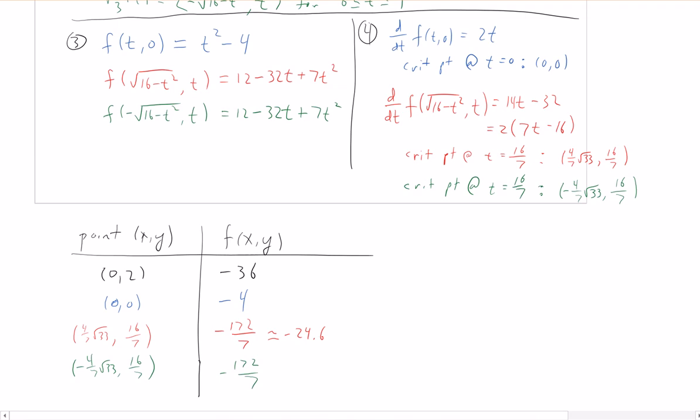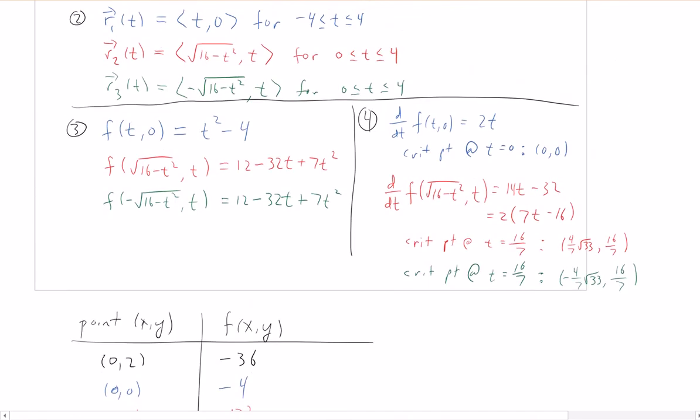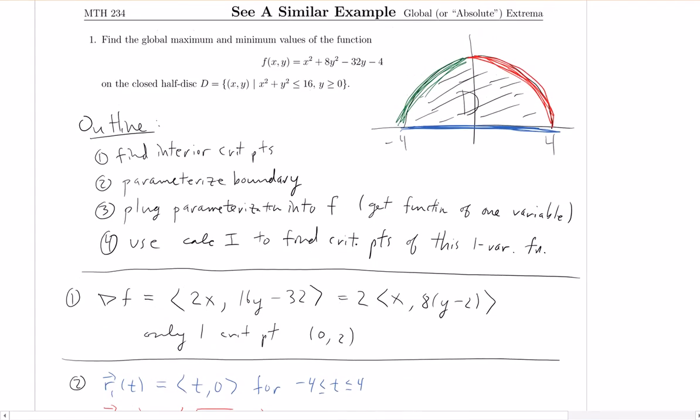And there's one thing we should still be careful about. We should also plug in the boundary points of the boundary components. What do I mean by that? Well, when we parameterized this blue segment, there's these 2 boundary points here.